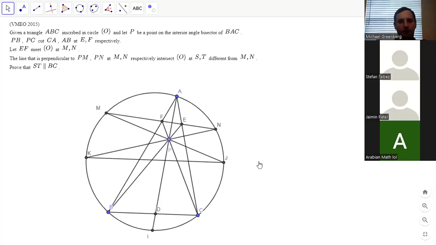It's kind of a nice picture. Yeah, so we want to use this angle bisector right here. Pascal's. Yeah, that's an interesting idea. Can we use Pascal's theorem somehow to show that they're parallel?